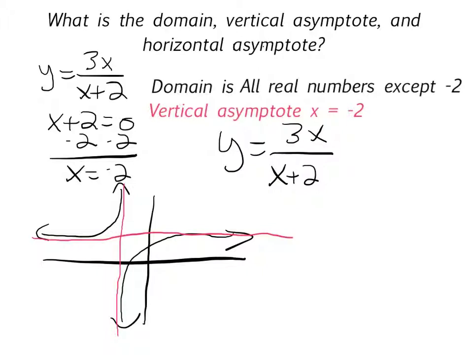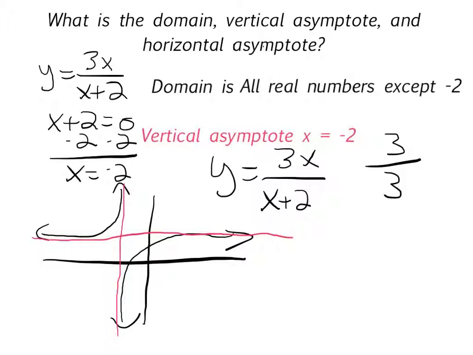And that will tell us what our horizontal asymptote is. So we know that 3 over 1 gives us 3.